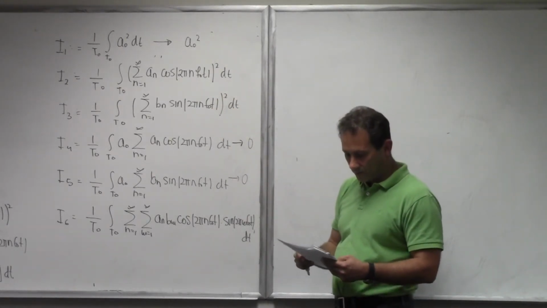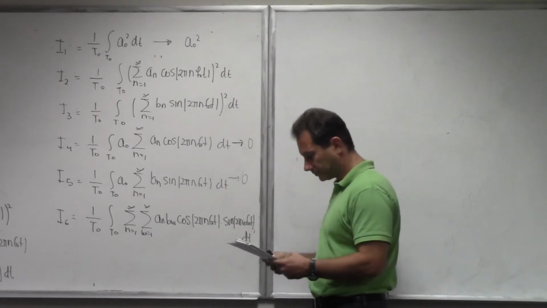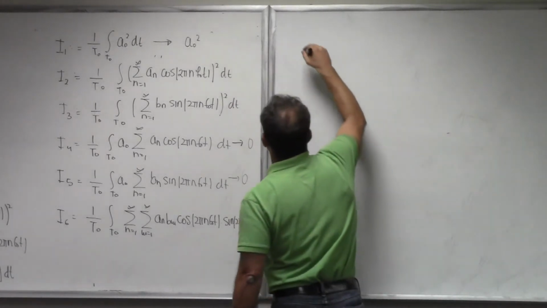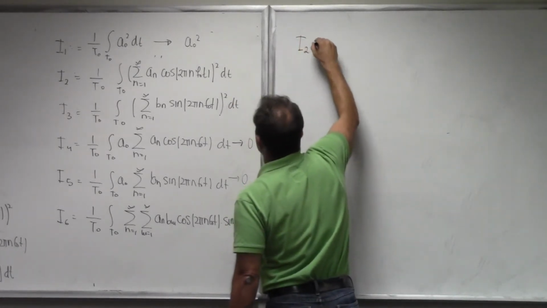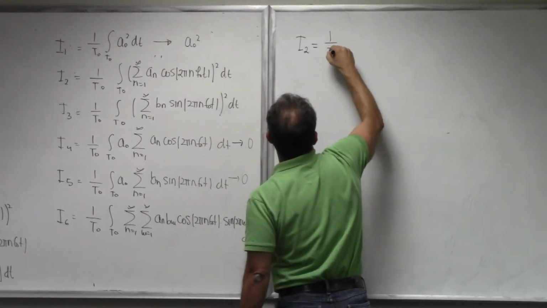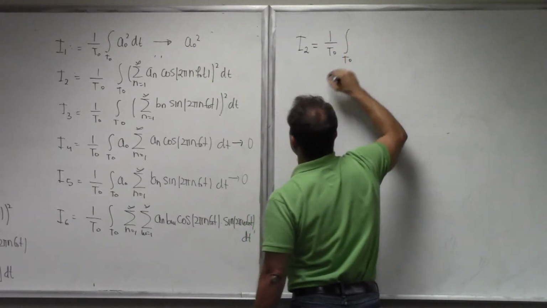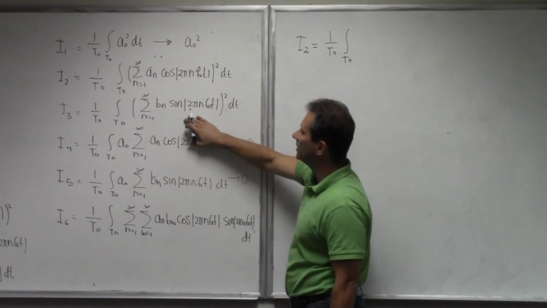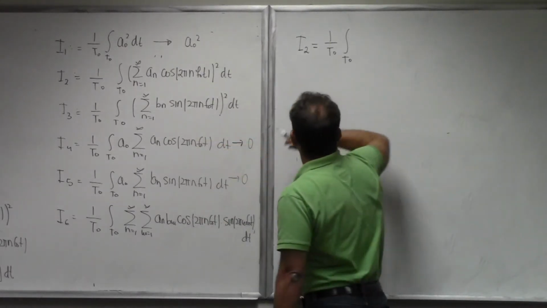And let me do I2 first. So I2 becomes 1 over t0, integral over t0. And now I have another thing that I need to square.